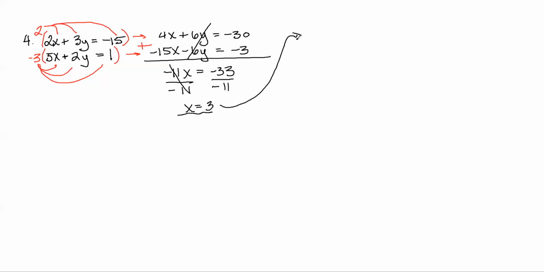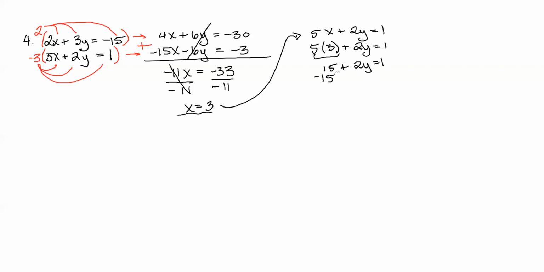So then again, let's plug it back into one of our equations. Doesn't matter which one. I'm not going to do it to these two, the ones that we changed them into, just because these numbers are bigger. You still could, but I like to work with smaller numbers when possible. So I'm going to go ahead and plug it into the second one, just because the numbers are a little bit smaller. So we have 5x plus 2y equals 1. 5 times 3 plus 2y equals 1. 15 plus 2y equals 1.